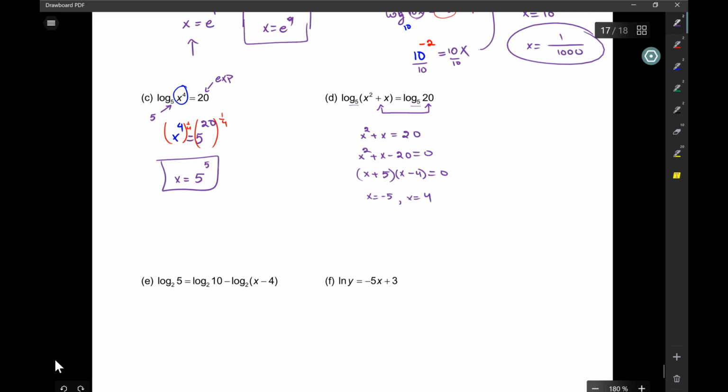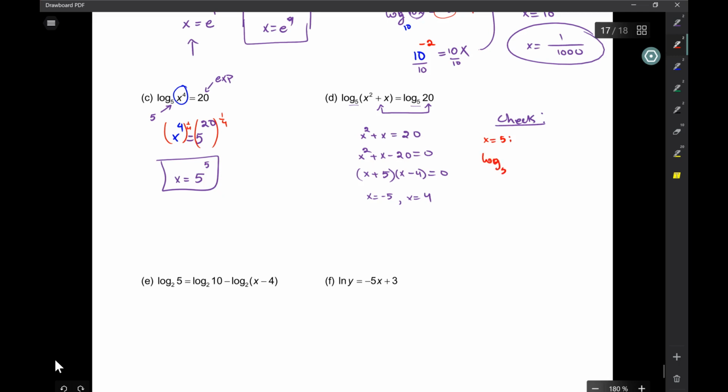Do logarithms have a domain of all real numbers? No. It's 0 to infinity. Thank you. So your answers must check out. So you have to check your answers. All right, so let's just check this, x equals negative 5.